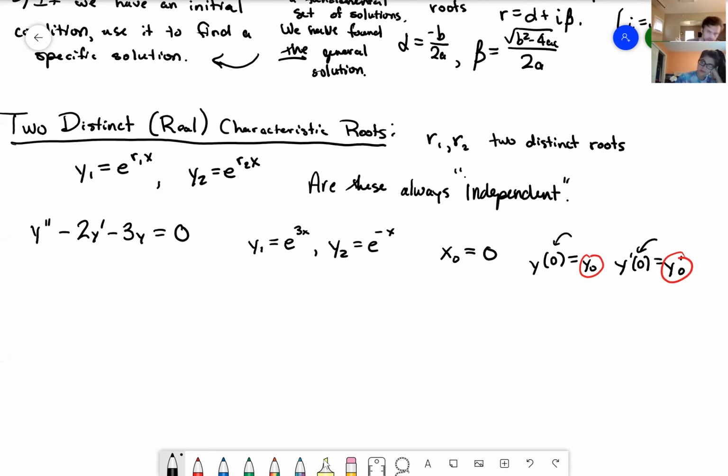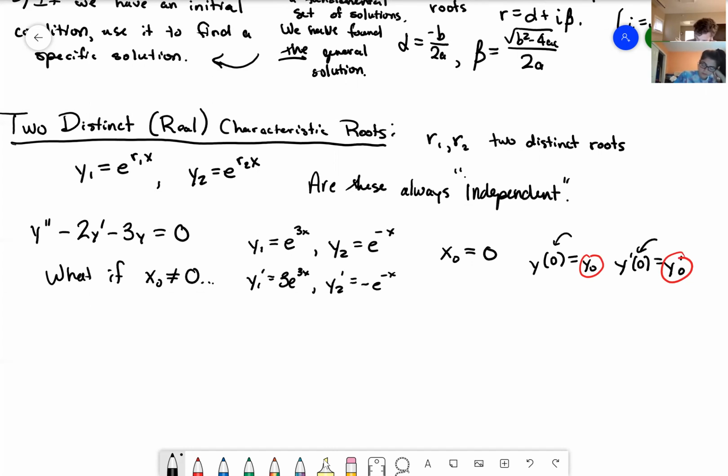But we could have chosen a different initial condition. We could have chosen x0. So what if x0 is not equal to 0? Well, we can consider the Wronskian in general. If we have this y1 and y2, then our y1 prime is 3e to the 3x, and our y2 prime was equal to minus e to the minus x.